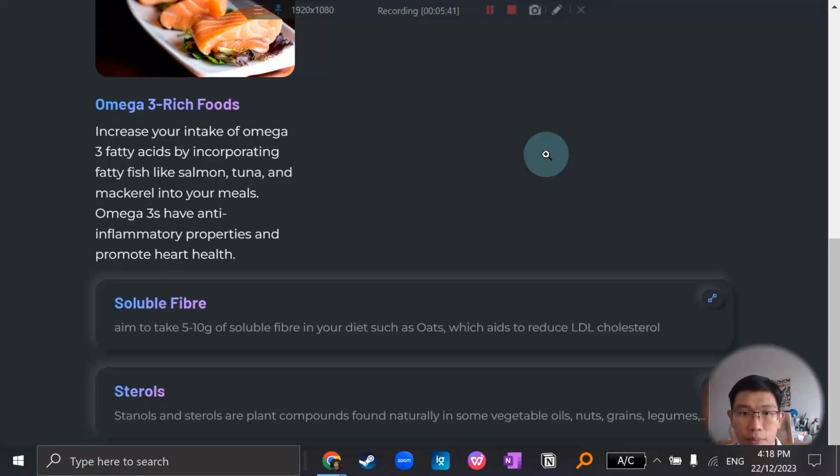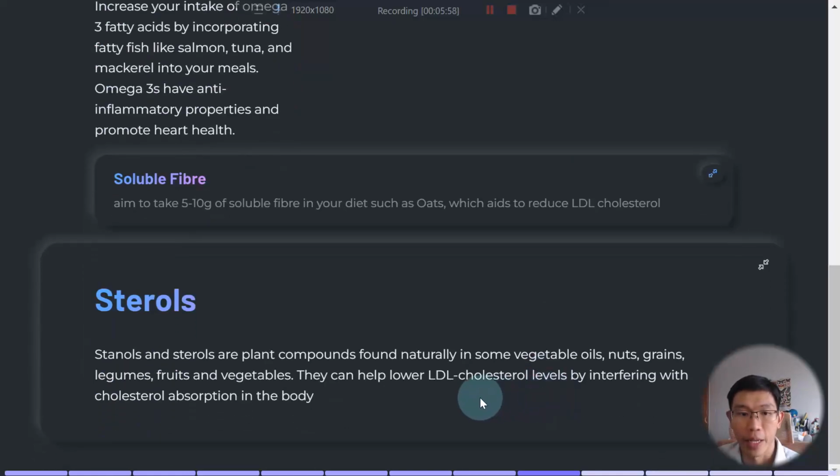A good example of a food containing high soluble fiber is oats. Stanols and sterols are plant compounds found in vegetable oils, grains, and legumes, and they help lower LDL cholesterol by interfering with the cholesterol absorption.